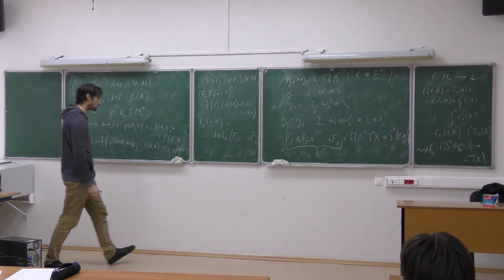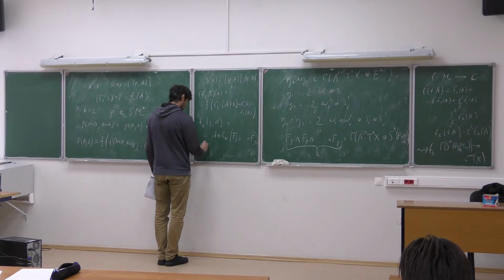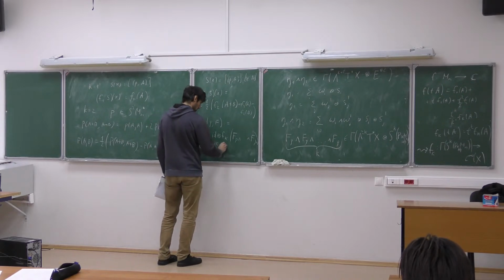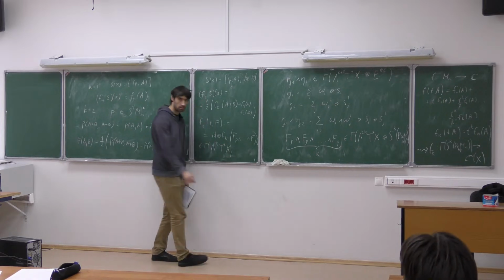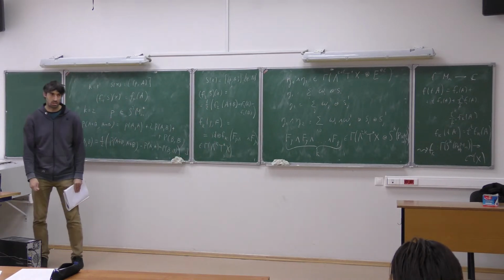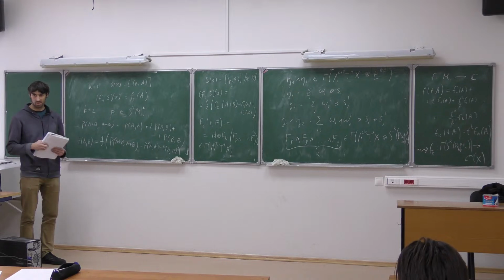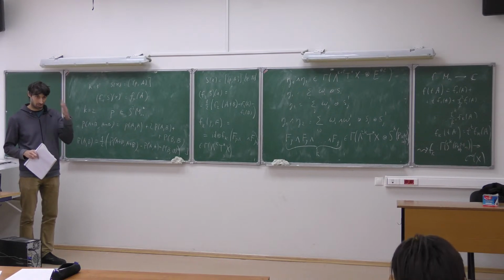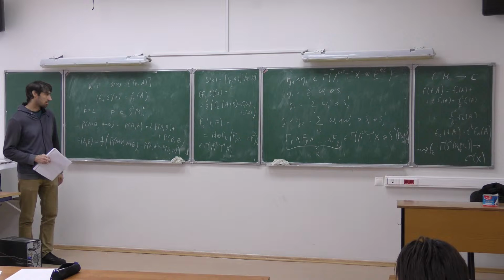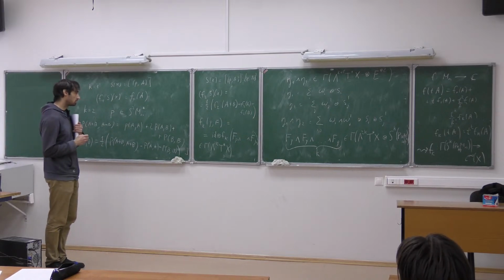This will be what? One form, sorry, why one form? A 2k form on X without any junk in values, it's just values in C. Very well.